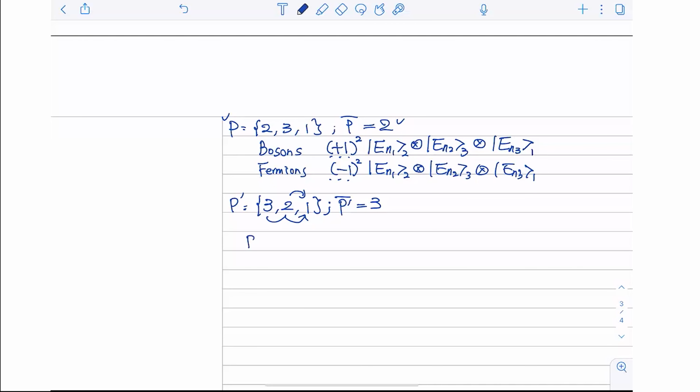So for bosonic systems, this term is plus 1 to the cube, which is not super relevant because plus 1 raised to any power will always be plus 1.